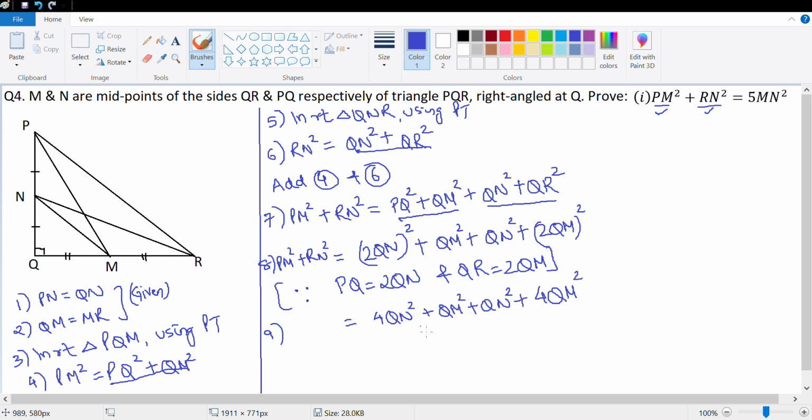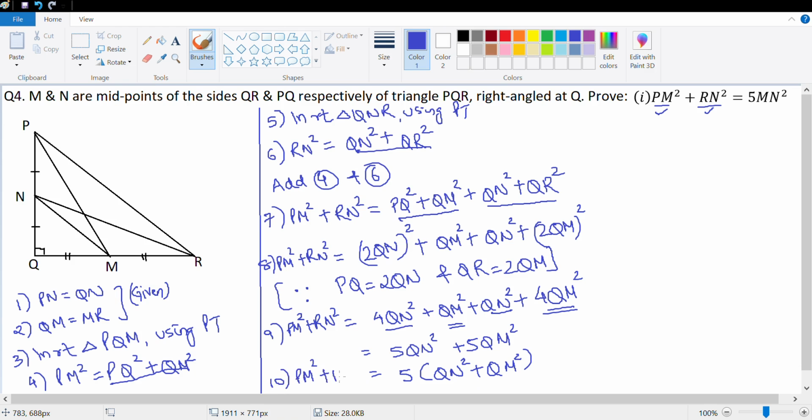Let's take QN square together and QM square together. So left hand side remains the same, PM square plus RN square. So this is 5 times QN square plus 5 times QM square. Let's take 5 common. So this is 5 times QN square plus QM square.